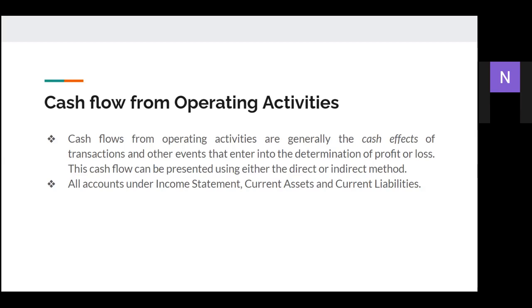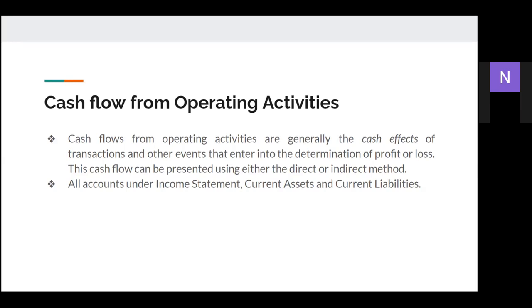Dito sa operating activities, ayan yung palatandaan ko para masabi ko na operating activities siya: lahat ng accounts na nasa income statement, current assets and current liabilities, kasi sila yung nakaka-affect ng profit or loss ng isang company. So, sabi din dyan, this cash flow can be presented using either the direct method or indirect method.